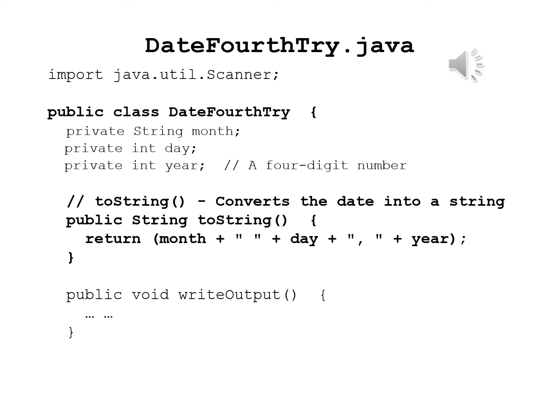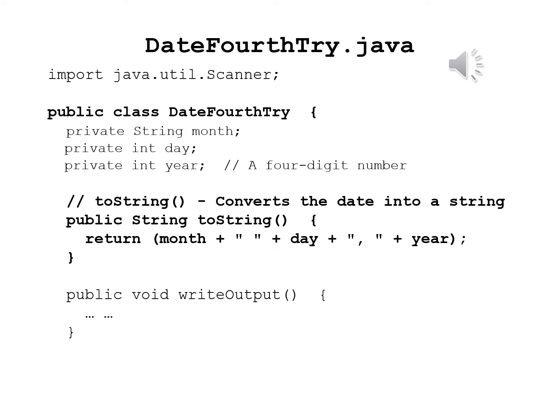Now, public String toString, and inside the braces, a return statement: return month + " " + day + ", " + year. What this will give us and what this will return is a given date in a standard printable format.